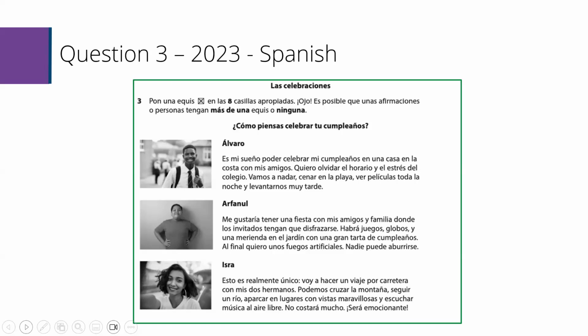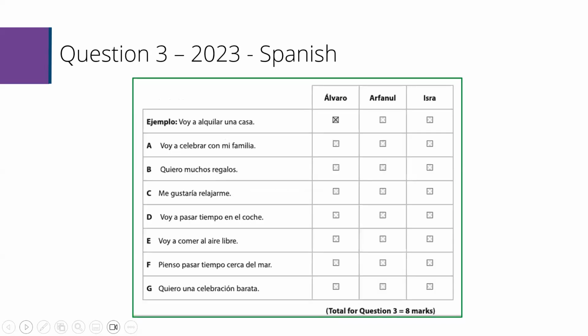They're also given a little bit more information: how are you thinking of celebrating your birthday? So they're provided with context. Each of the 3 people say what they want to say. And then the task is that they have to connect each of those summary comments with what somebody says. Okay, and they're given an example.